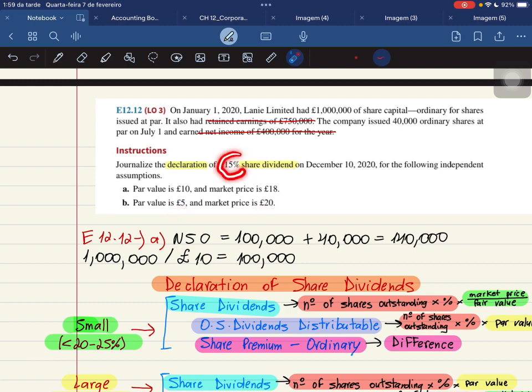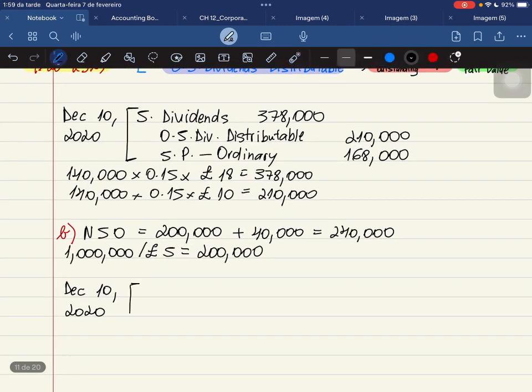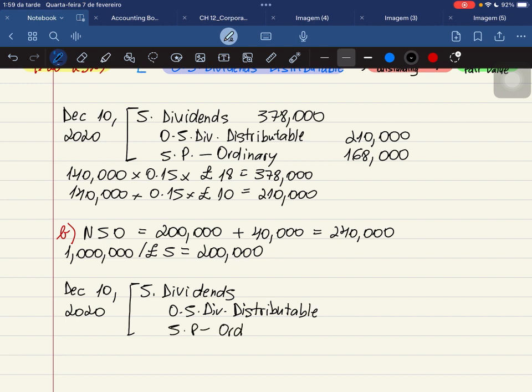The share dividend is still the same, so the entry is going to be the same as well. We're just going to be calculating new numbers. And share premium ordinary at the bottom for the difference.